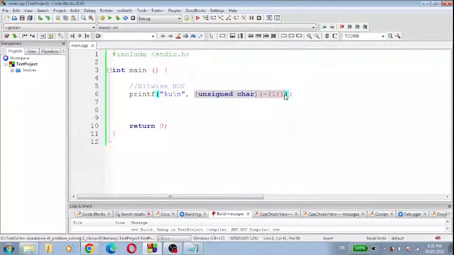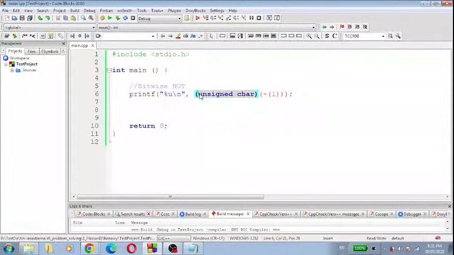I'm not explaining casting here, but you could use it to make sure that this expression is going to be dealt with as a certain type, which is here unsigned character.